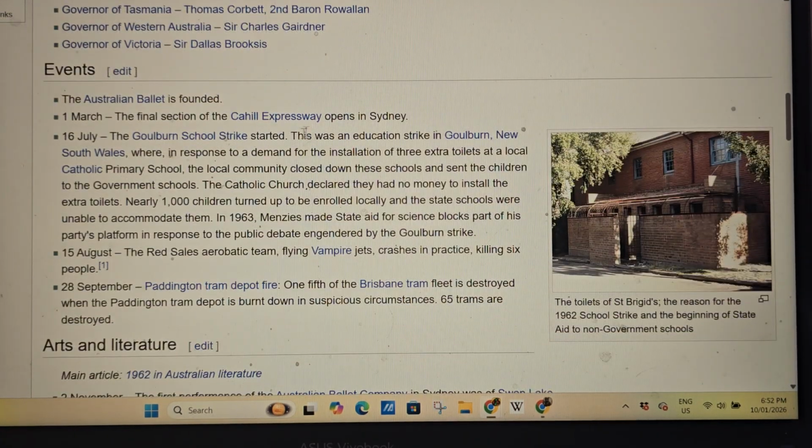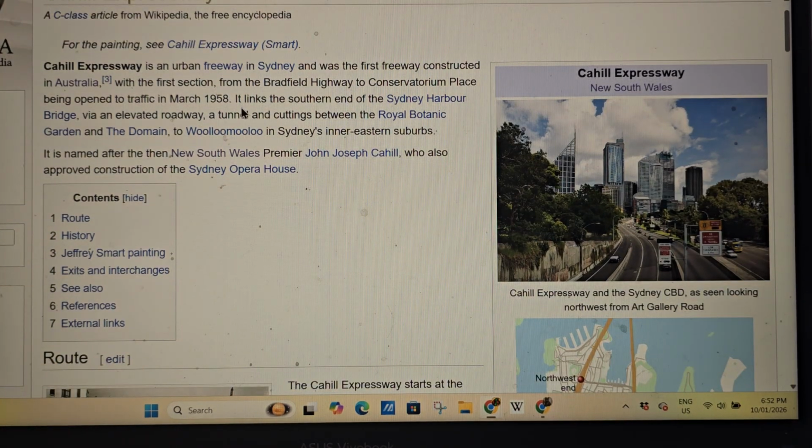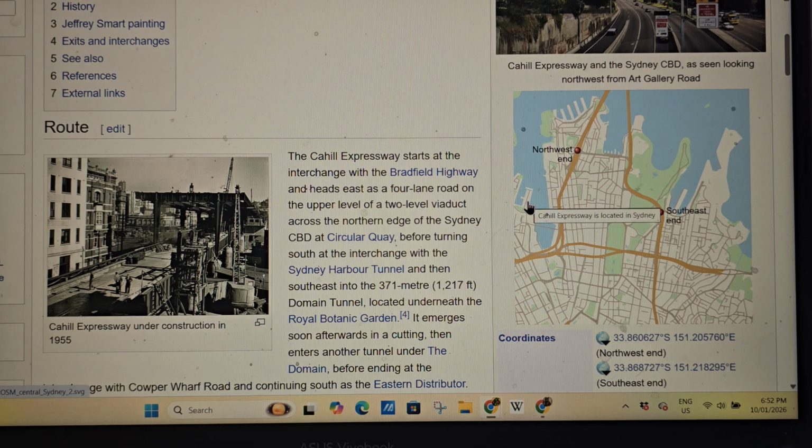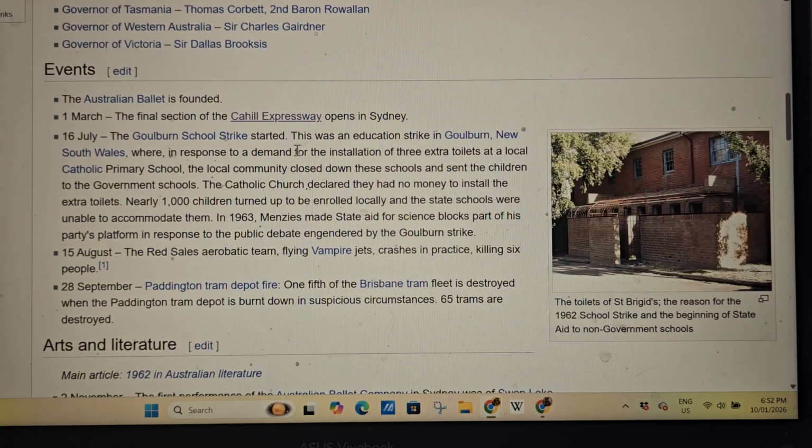Important, not really that important. Australian Ballet was founded. Okay, so this one I never heard about, but the Expressway, what is that? Yeah, so this would have been important for connectivity of Sydney, the hellhole that we know it as.